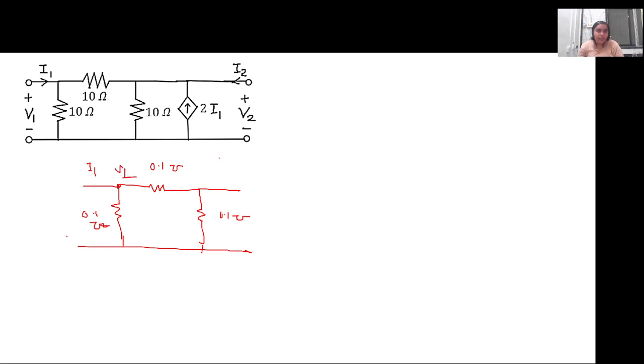Earlier, whatever the current was, let's say I dash in this branch, this was V2. Initially I had written I1 as V1 by 10 plus V1 minus V2 by 10.